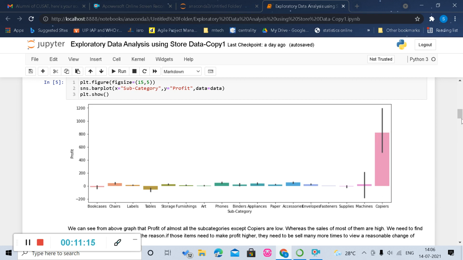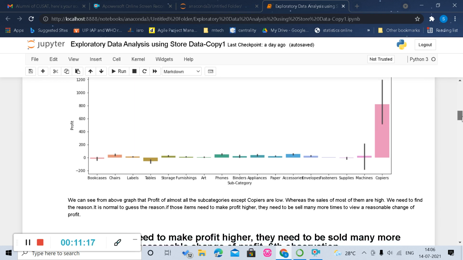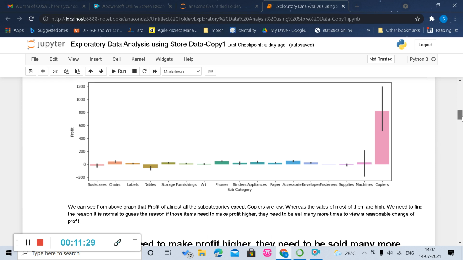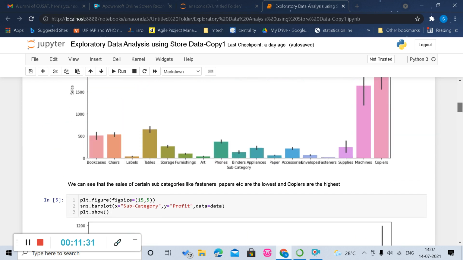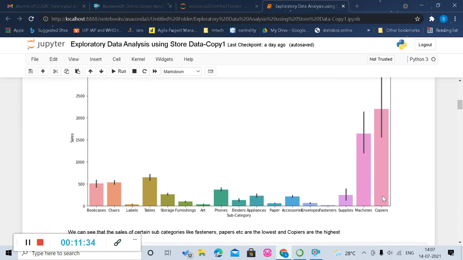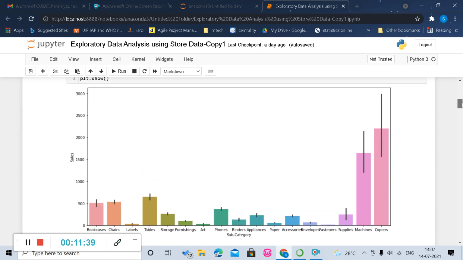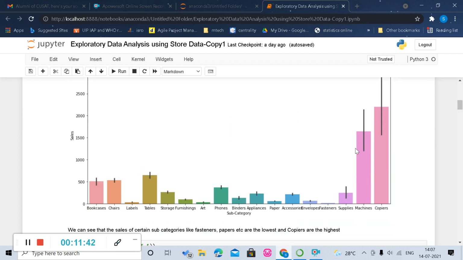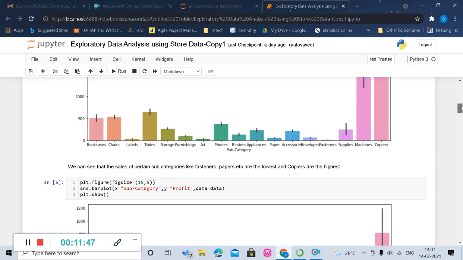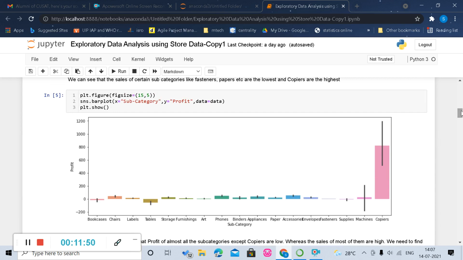So you can analyze from here that the profit of almost all the subcategories except copiers is low, whereas for the sales that we analyzed just before, we need to find the reason. You can see the copiers' sales are more, and likewise the profit is also more. But the machines have high sales here, yet compared to the sales of machines, the profit is very little.